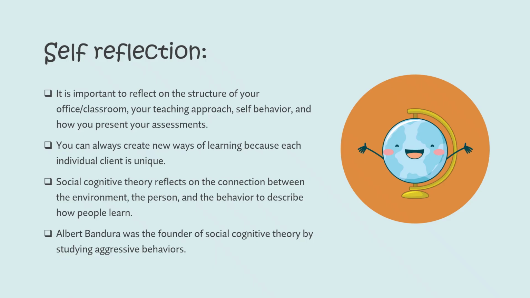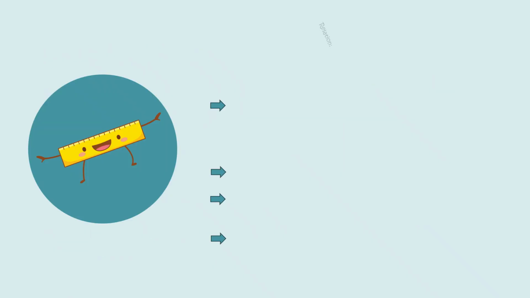Social cognitive theory reflects on the connection between the environment, the person, and the behavior to describe how people learn. Albert Bandura was the founder of social cognitive theory, by studying aggressive behaviors in children.